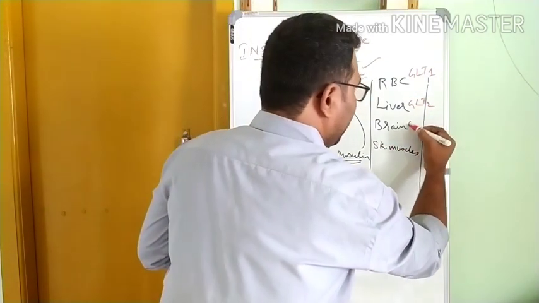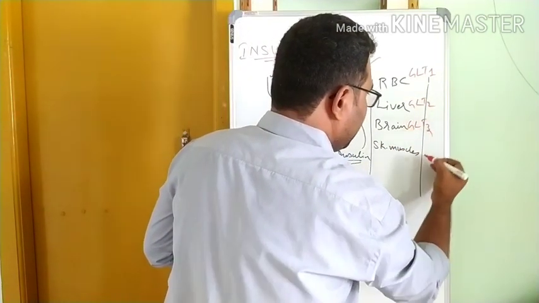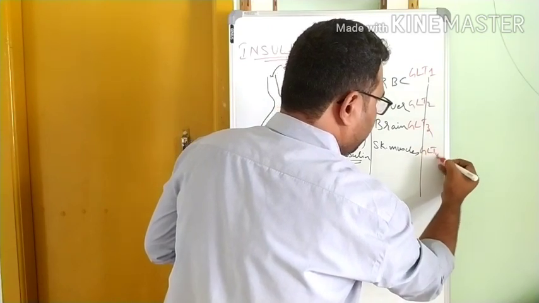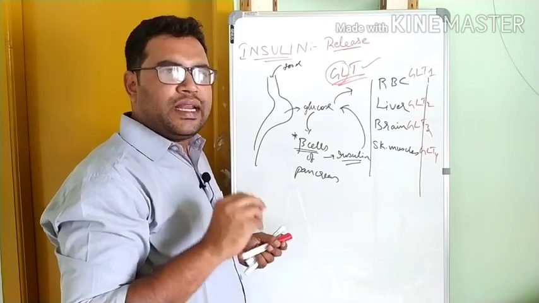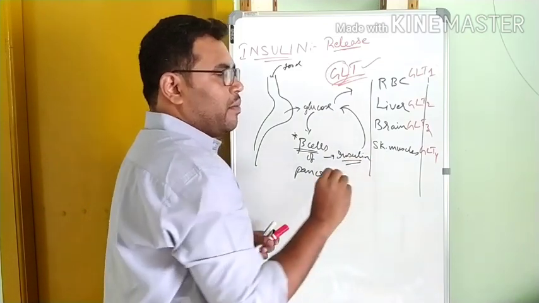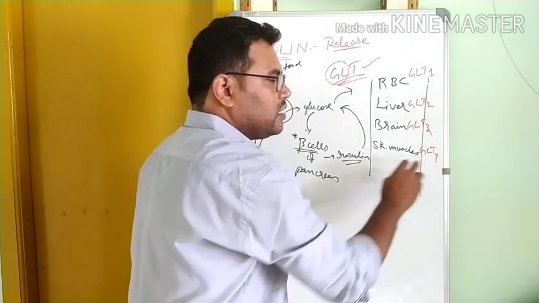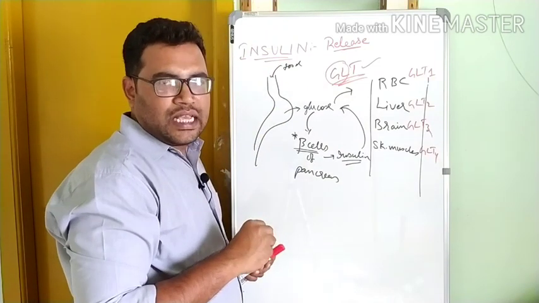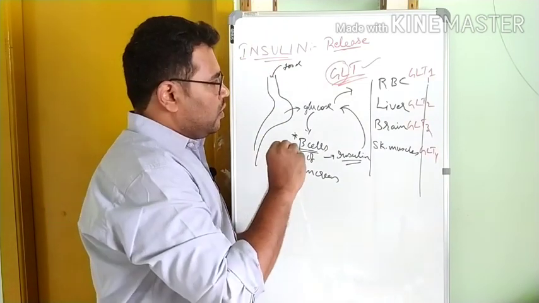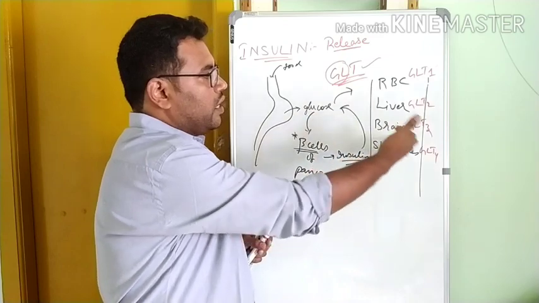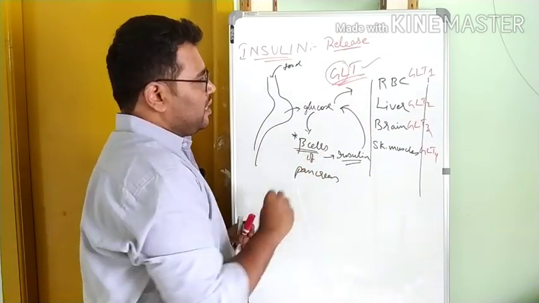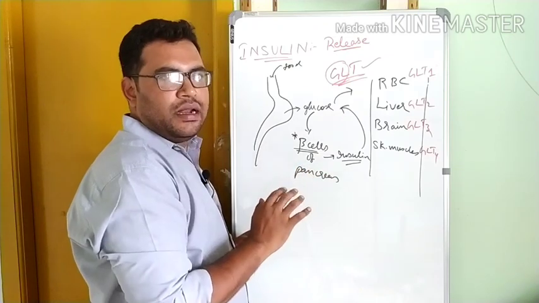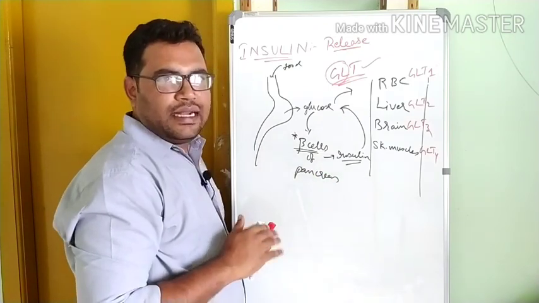If they are located on brain, they are called glucose transporter 3, and glucose transporter 4 is located in skeletal muscles. Most of the glucose will be stored in skeletal muscles with the help of glucose transporter 4. Without these glucose transporters, insulin will not store this glucose into the different types of cells or tissues. So this is the basic point which we have to remember before going to the exact topic.